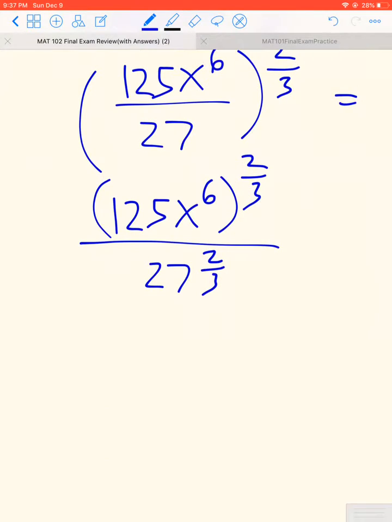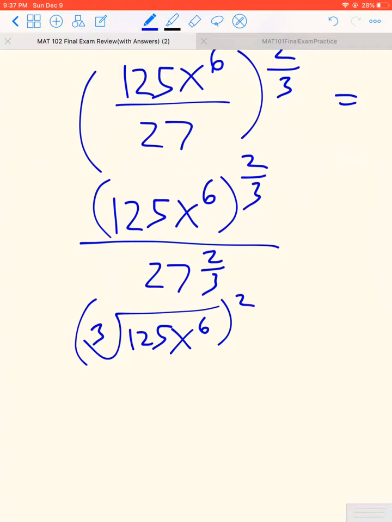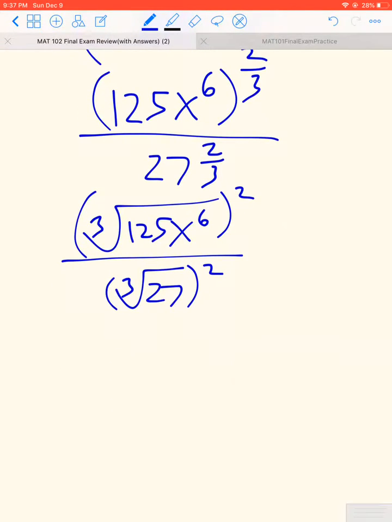The 2/3 power is a combination of a radical and an exponent. It's going to be the cube root of 125 x to the 6th squared divided by the cube root of 27 squared. The cube root of 125 x to the 6th should give you 5x to the 2nd, which will be squared.